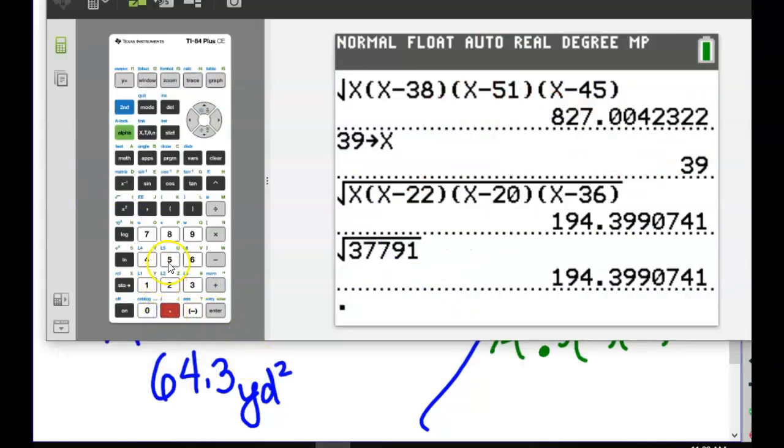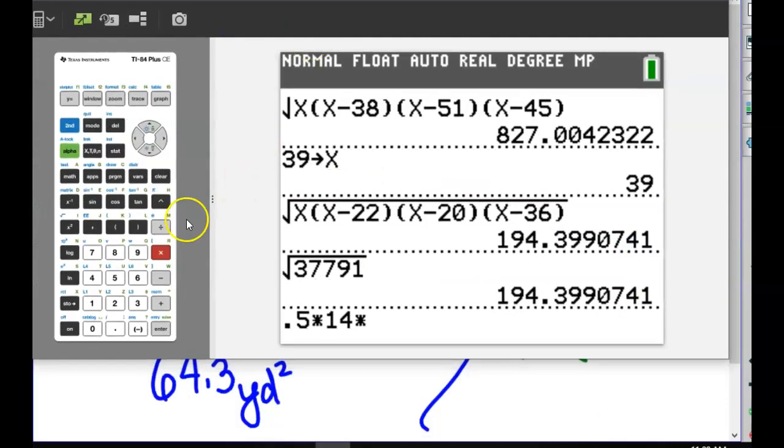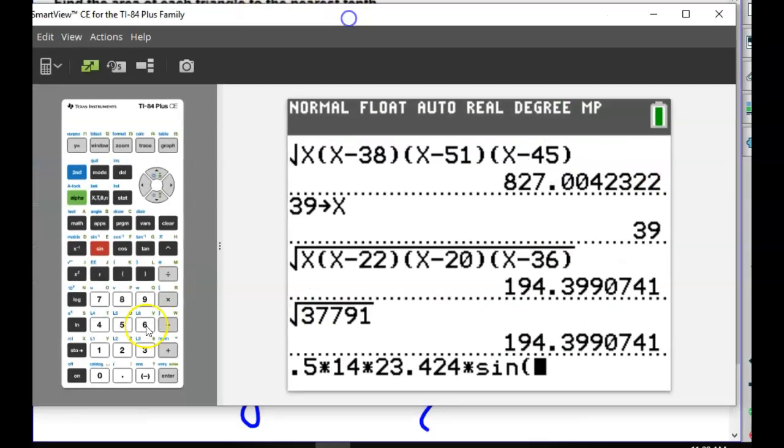So 0.5 times 14 times, what was that other side? 23.424 if I use all the decimals that I wrote down, times the sine of 110.